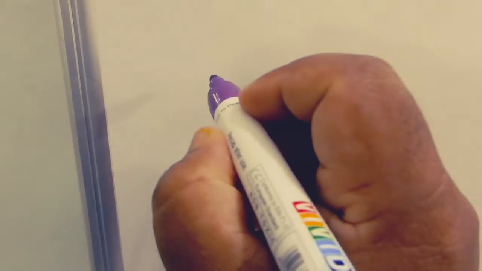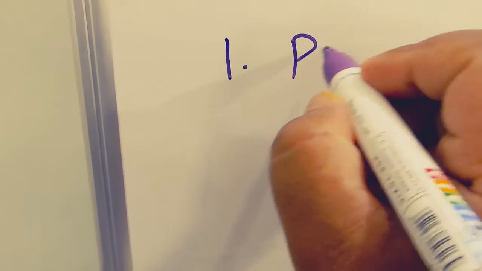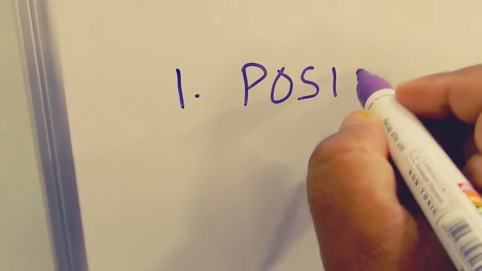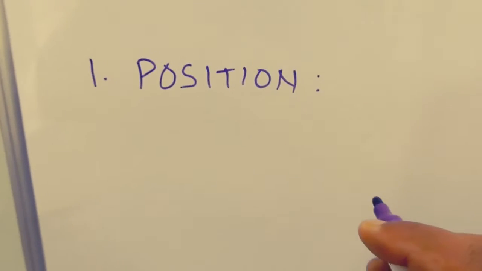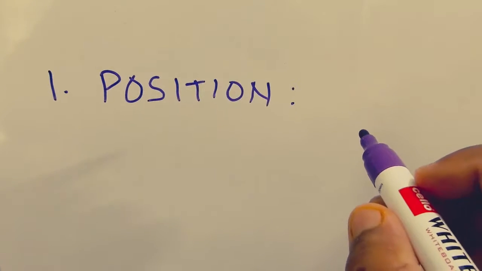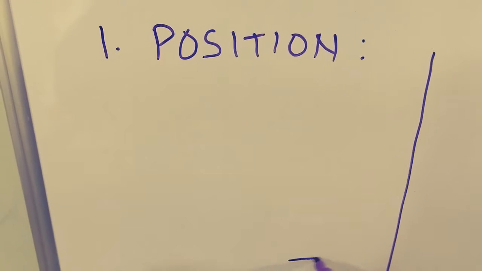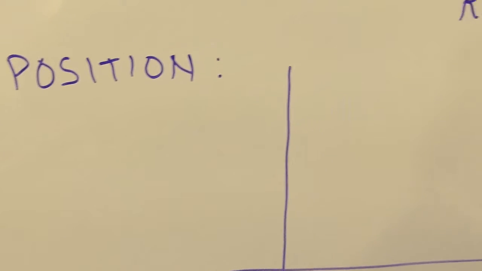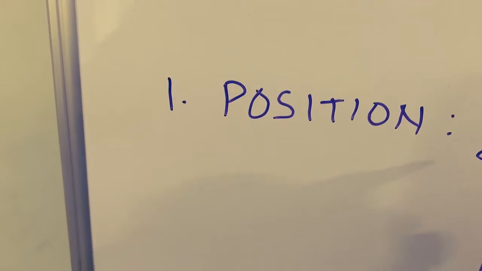So the first topic we will see is position. So what is position? To define the position of a particle or a point, we will take a two-dimensional frame with x-axis horizontal and y-axis vertical.